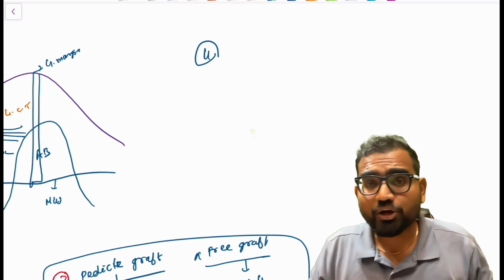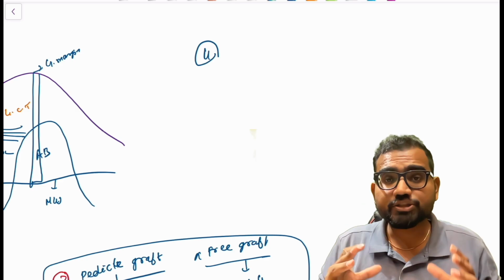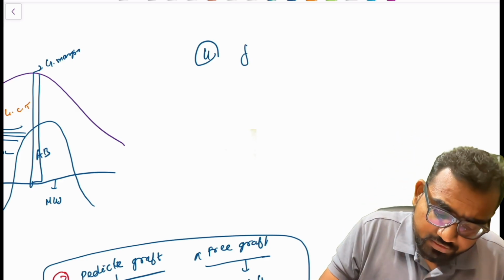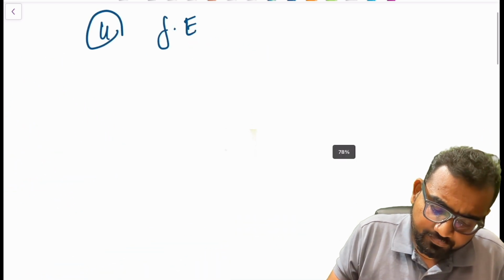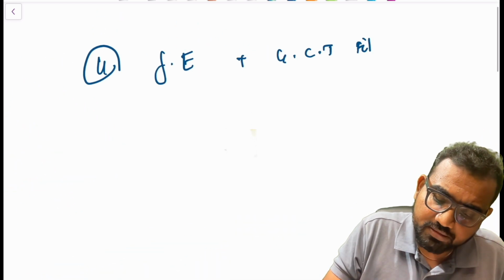The next important terminology which you should know as far as the mucogingival surgery is concerned is the biological width. Okay, so biological width is basically the combination of junctional epithelium plus gingival connective tissue fibers.